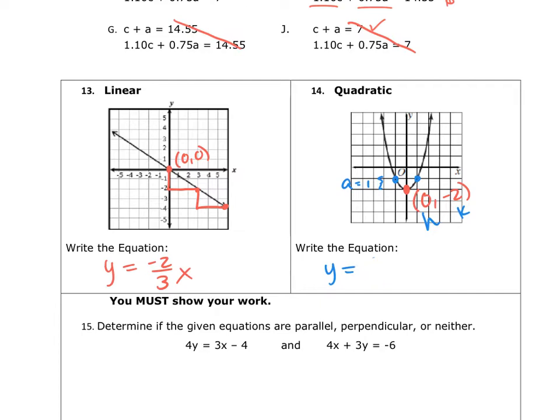I can take that parentheses out, because if I'm doing x minus 0, well, then that's just x squared. And then minus 2 for the k. So that was me using my vertex form. So a times (x minus h) squared plus k.